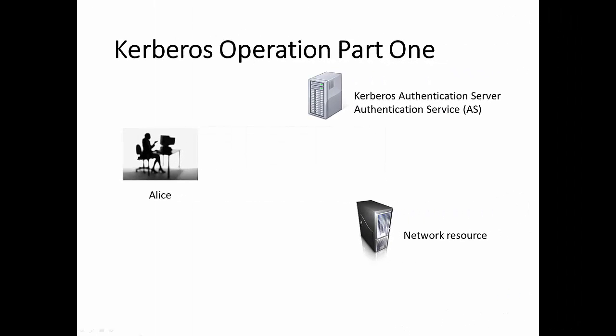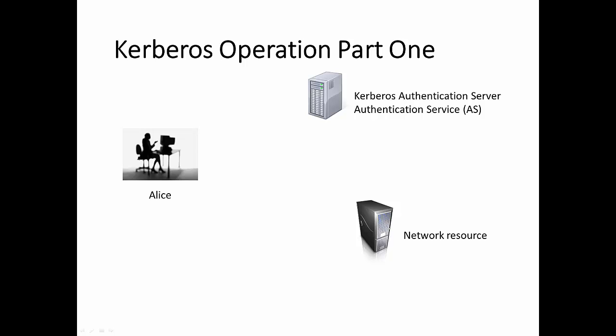Now let's look at how Kerberos actually works. In this diagram you see three elements. One, a subject or a user whose name is Alice, and we have the Kerberos Authentication Server, or KAS, responsible for authenticating Alice.